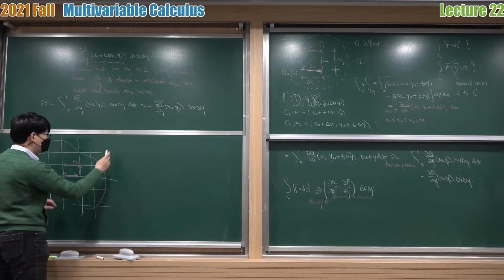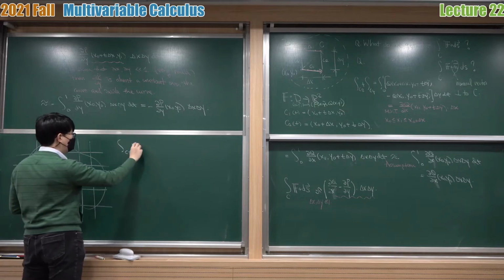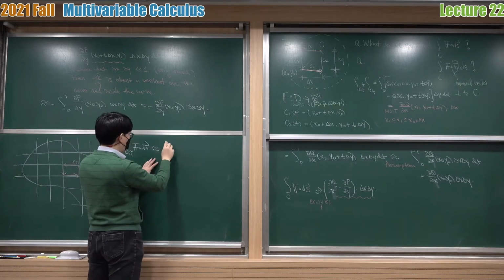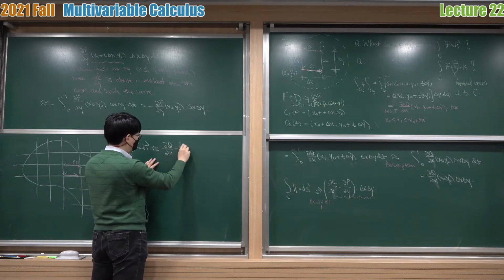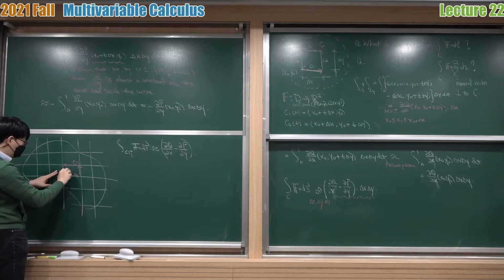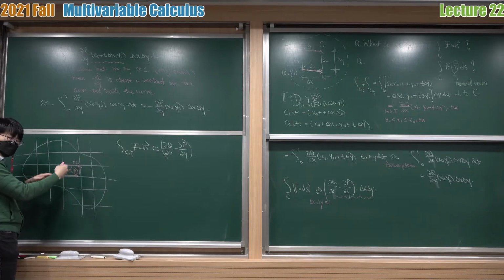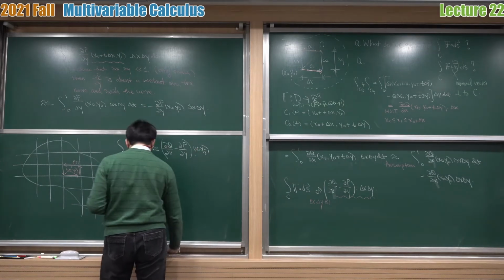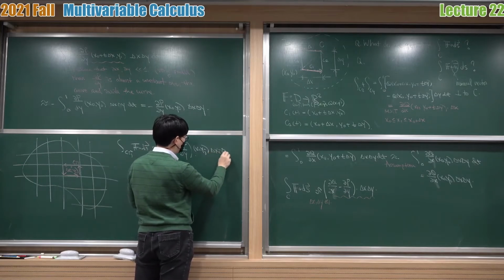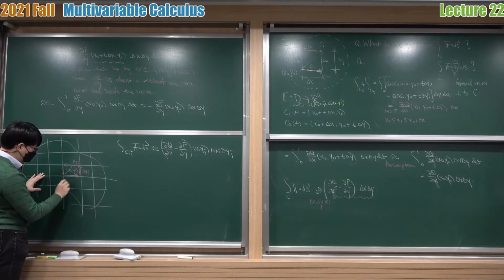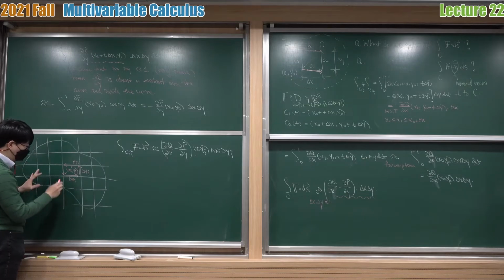So the integration over Cij of F·ds is approximately equal to ∂q/∂x minus ∂p/∂y, evaluated at any point, I'm going to call it (xi, yj), any point inside of this curve, and then multiply that with Δy Δx. Δy is the height of this curve, and Δx is the width of this curve.